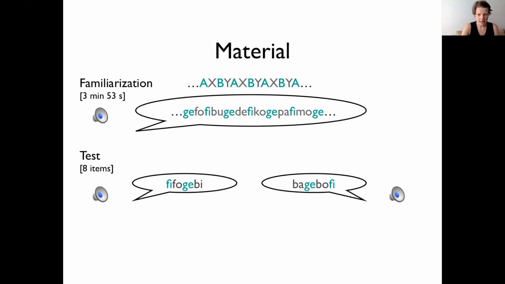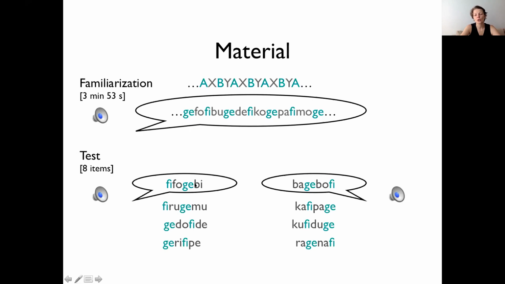So they're all familiar, but these small chunks that either begin with a frequent item or end in a frequent item, always respecting, of course, the alternation of frequent, infrequent patterns. And we had 4 of each type.